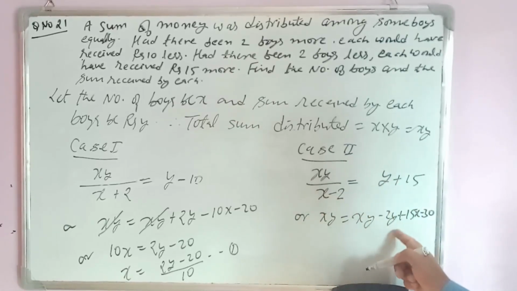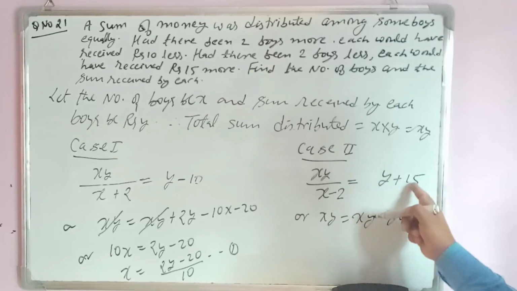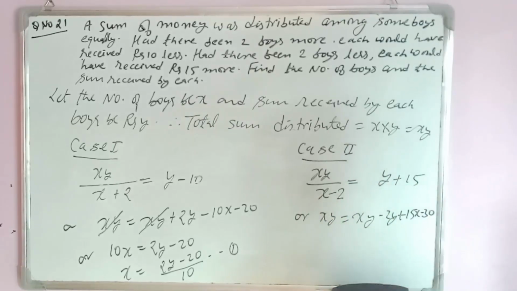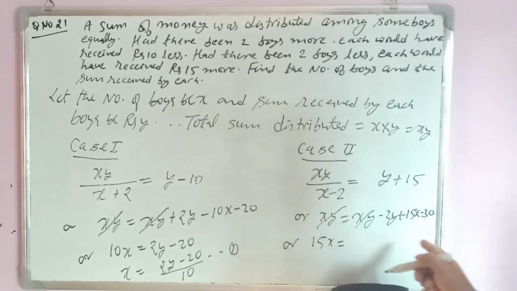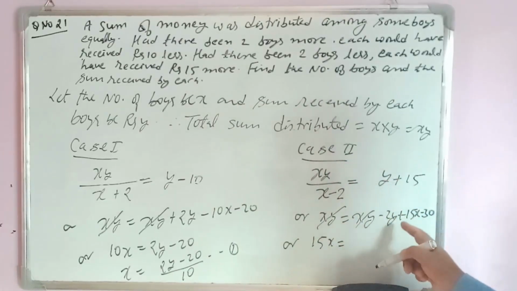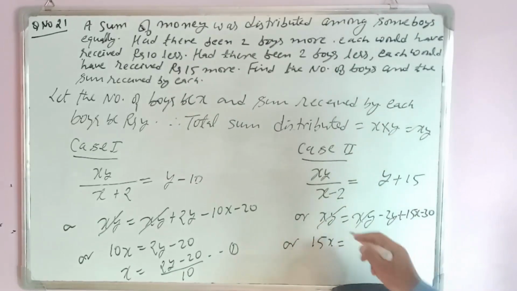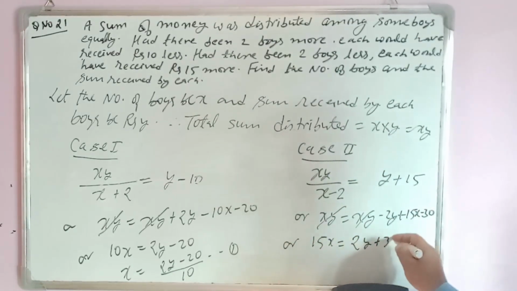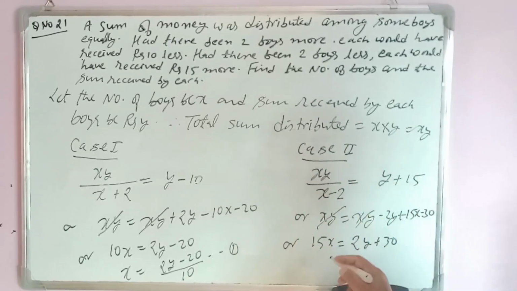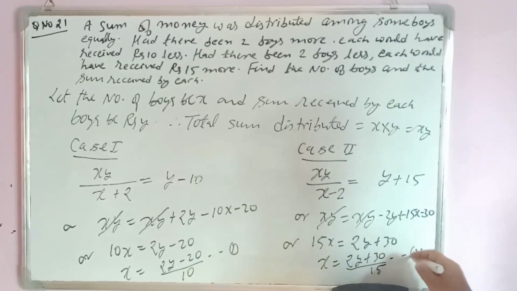Now xy we can cancel, so 15x equals 2y plus 30, and x equals (2y plus 30) by 15. Equation 2.